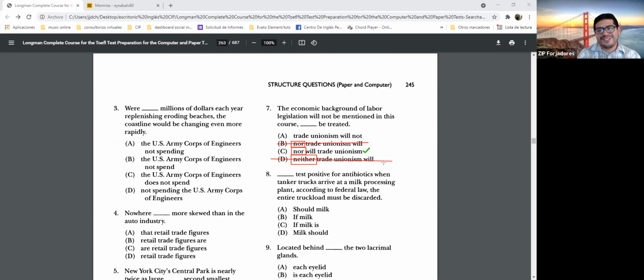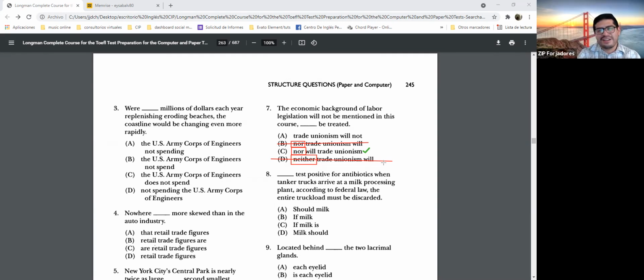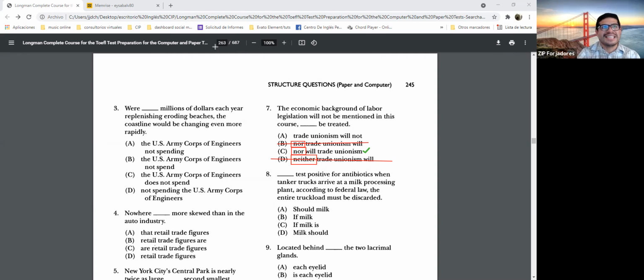There is a comma, so "nor" in this case acts as a connector after a comma. Great. So in letter A, we don't have a connector. If we had a period instead of a comma, we would have letter A. But it's a comma, so we have to have a connector. In this case, C.